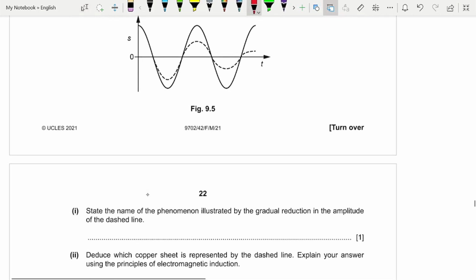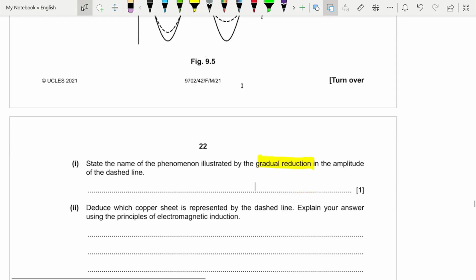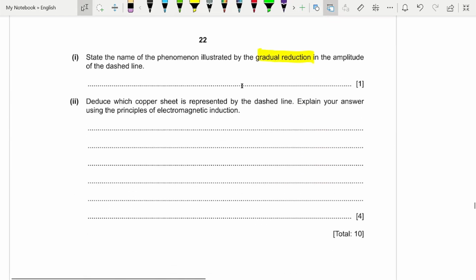So the name of the phenomenon illustrated by the gradual reduction in the amplitude of the dashed line. And remember, what's important here is the word gradual reduction. Gradual reduction is linked to damping, right? Damping is the reduction in the energy of a wave, or of a system that's oscillating.